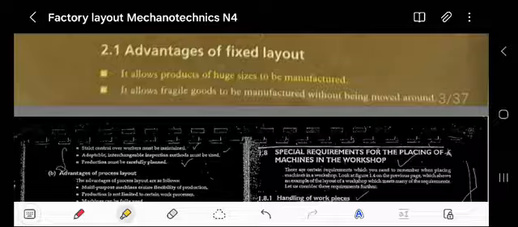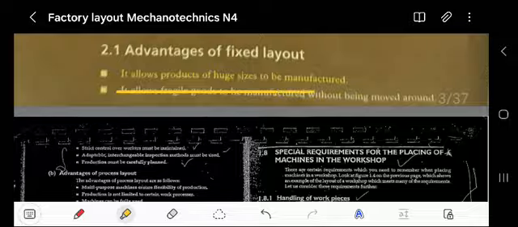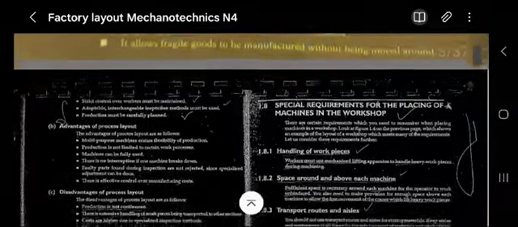We call this fixed layout. The advantage of fixed layout is that it allows products of huge size to be manufactured, and it allows fragile goods to be manufactured without being moved around. Here you see, we're using machines to manufacture these things. This is a nice point. Okay, let's check.